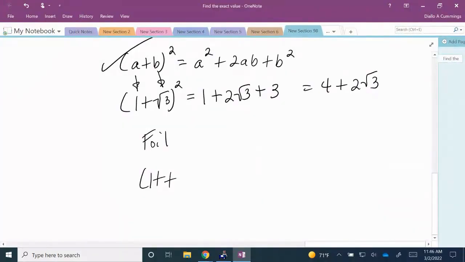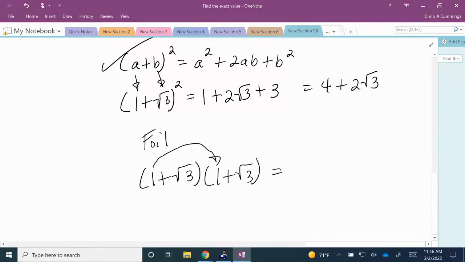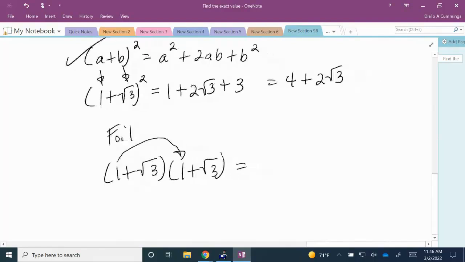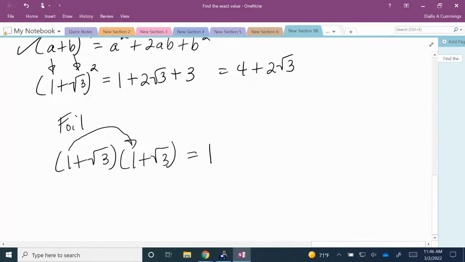So 1 plus the square root of 3 times 1 plus the square root of 3. I would multiply my first terms: 1 times 1 is 1. I would multiply my outermost terms: 1 times the square root of 3 is the square root of 3.